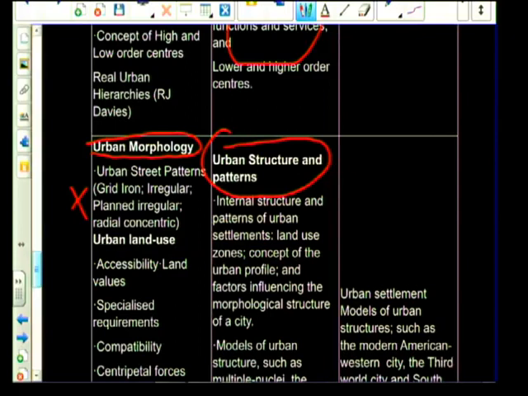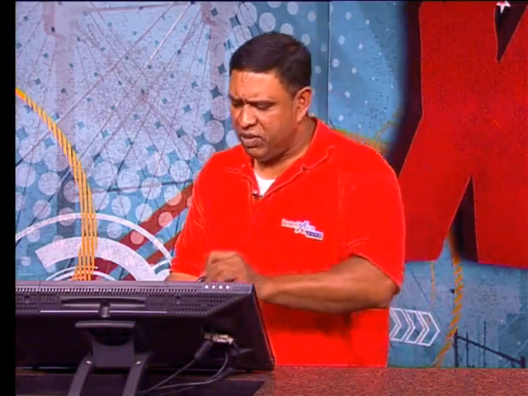And remember, in your map work sections, you may be asked to identify things like that. So knowing it would make a difference because we're dealing with the internal structure. It's stated there. So street patterns should be handled from past papers. It gives you a better idea of the internal structure. It says patterns here.